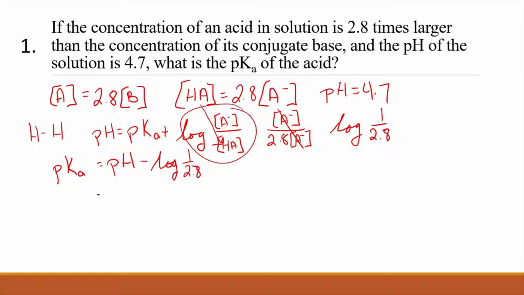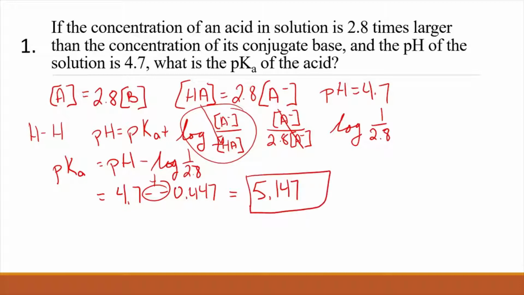Well, the pH is 4.7 minus the log of 1 over 2.8, which is negative 0.447. So we see minus negative, that gives us a plus. So adding those up, we get pKa is 5.147. So that's a nice quick one using Henderson-Hasselbalch. Pretty straightforward.